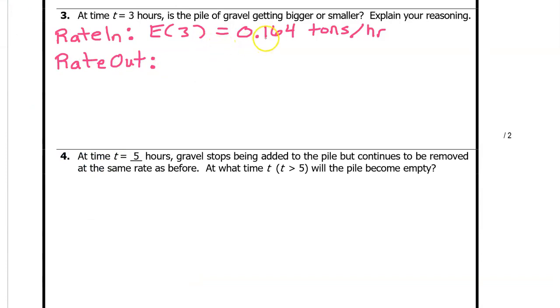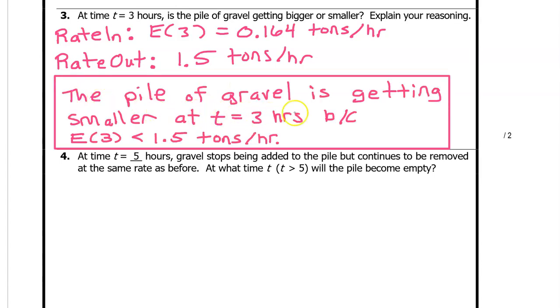So the rate in at t equals 3 is 0.164 tons per hour. In other words, 0.16 tons per hour are being added to the pile at t equals 3 hours. Notice that the rate out is a constant 1.5 tons per hour. Since the rate in is less than the rate out, then the amount of gravel in the pile is getting smaller.